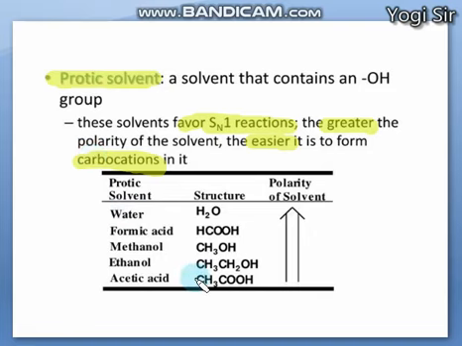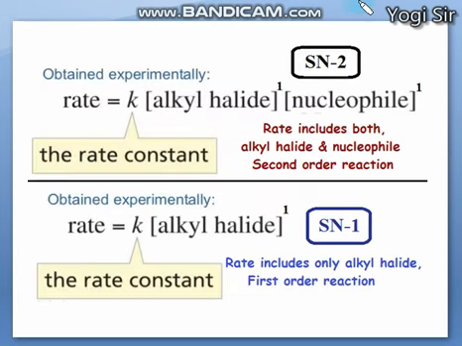You can use acetic acid, ethanol, methanol, formic acid, carboxylic acids, as well as water. So as you increase the polarity, the rate of the SN1 mechanism would be more favorable, right?